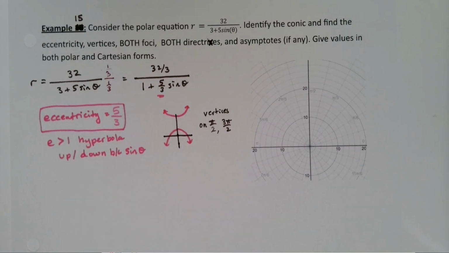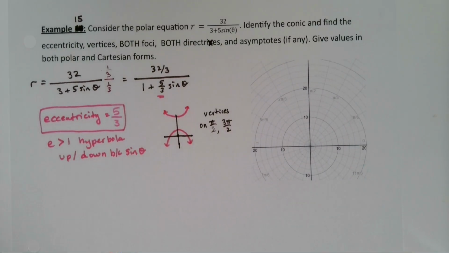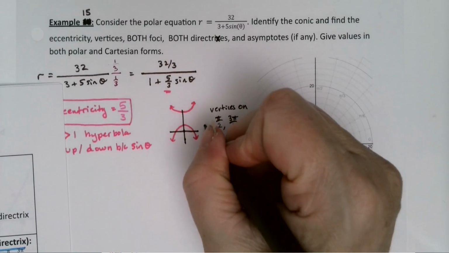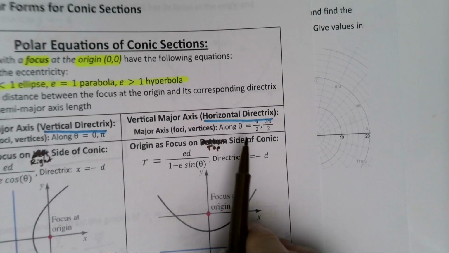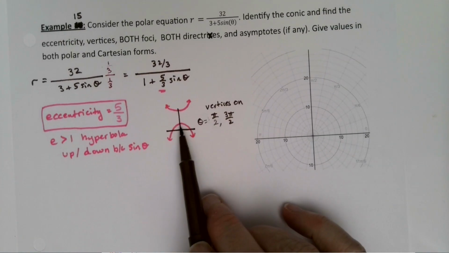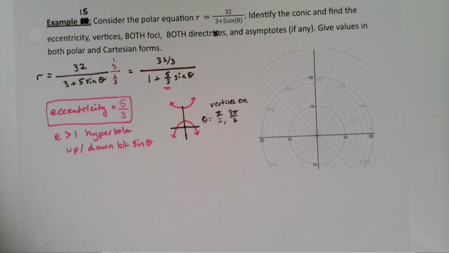Just keep that in mind. Because this is polar, it's written right here: theta equals pi over 2, 3 pi over 2. So you're going to have one getting you one vertex and one getting you the other.